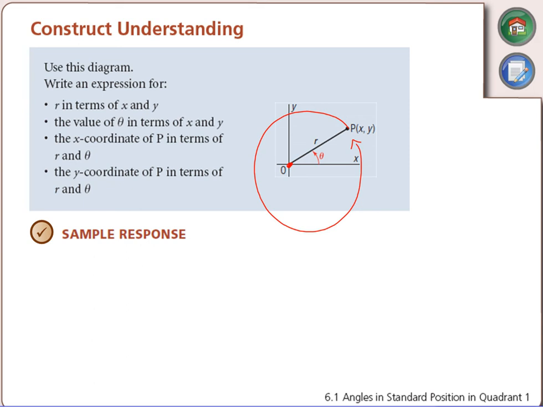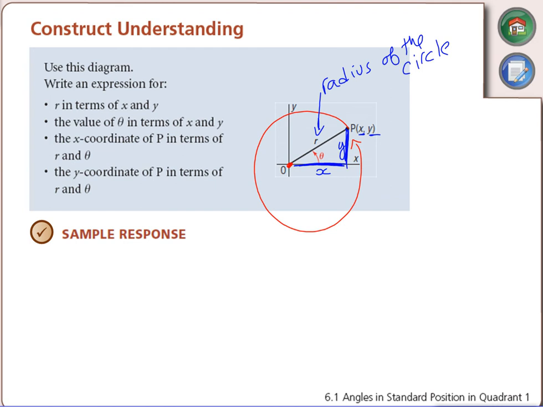So what we're going to say then is we've got an X value from the point. We've also got a Y value on that point. And then we've got this R value. That R value is representative of the radius of this circle. And that circle is rotating around.